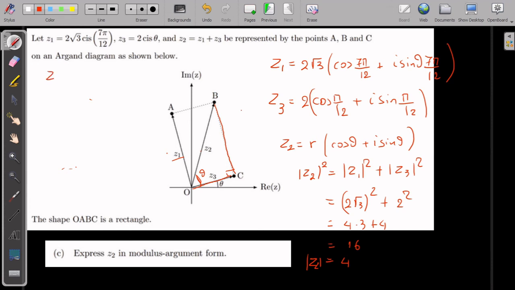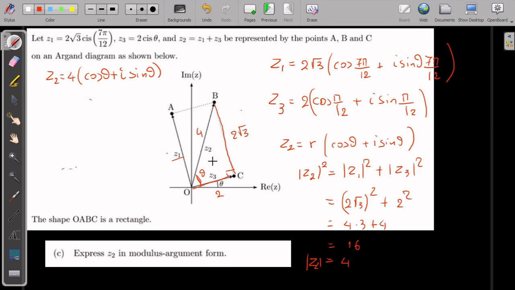So I know that Z2 is 4 times cos theta plus i sine theta. Now the only thing left is to find the argument. The modulus of Z3 is 2 and the magnitude of this side is 2 square root 3, and the magnitude of Z2 is 4.